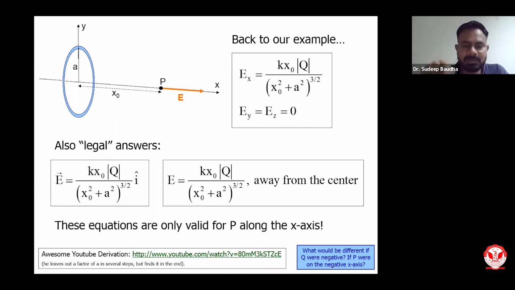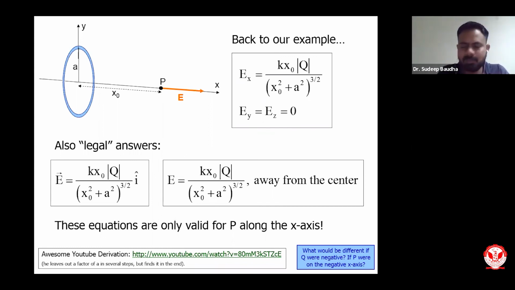And in those cases, the E y and E z components may or may not be zero. So you have to always think about the location of the point and the various components you're talking about, and analyze each and every component in detail when we do calculations for electric field. I hope the concept of the ring is very clear.